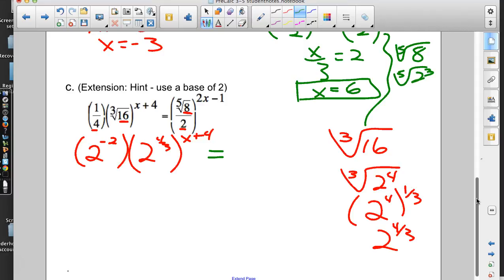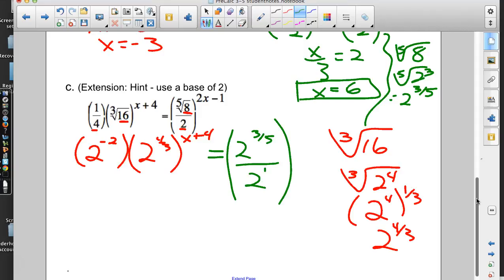And now we, of course, remember, yeah, the index is always the denominator. So 2 to the 3/5. Then 2 to the 1st. We'll put the little 1 there, even though normally we wouldn't do that. And then we have the 2x minus 1.